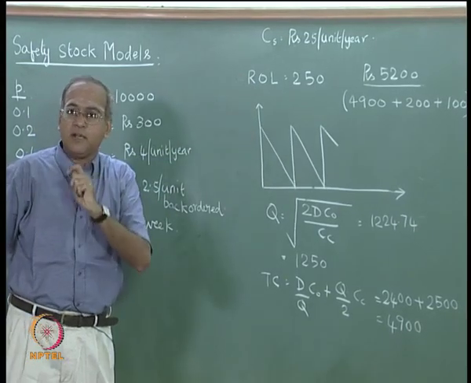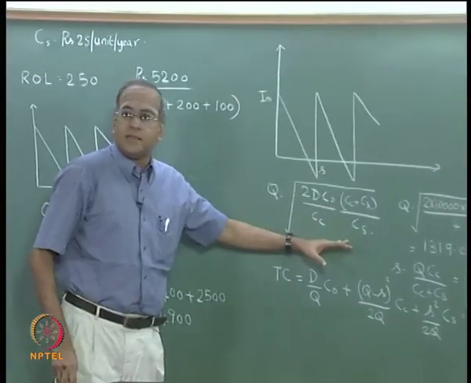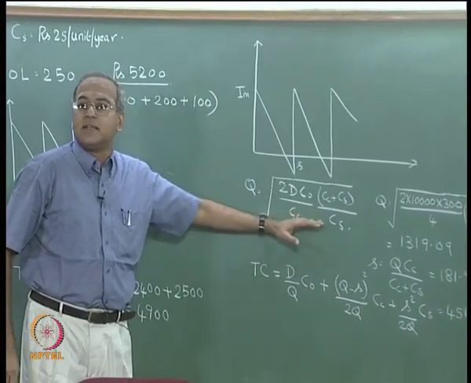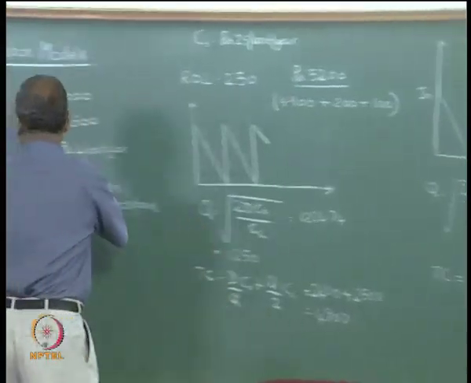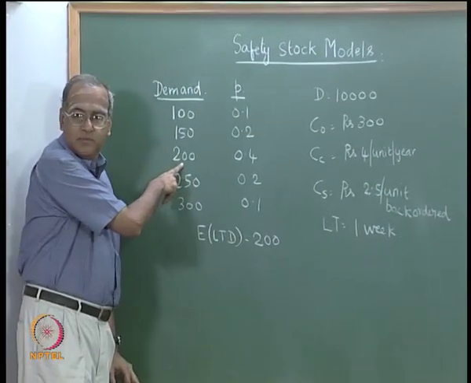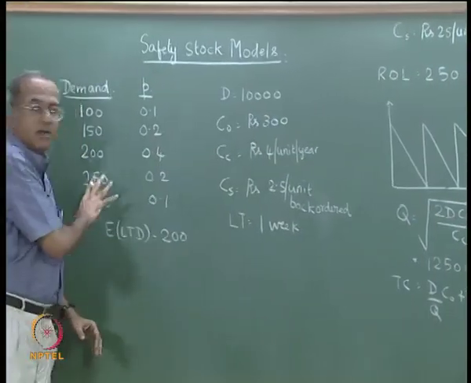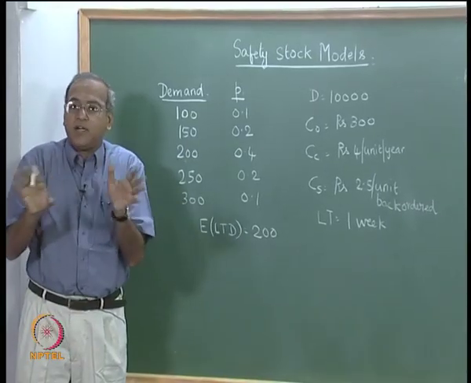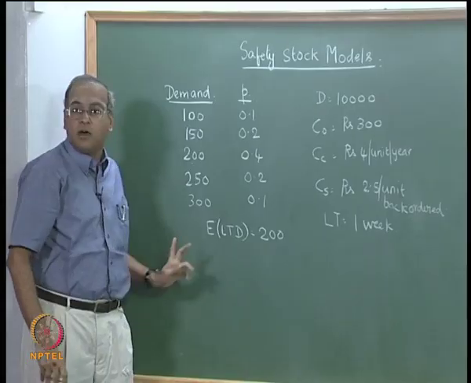But the most important thing to note is that here we do not look at case where the demand exceeds D. The equivalent of D here is 200 per week, whereas this model is centered around the possibility that D is greater than 200 and can even go up to 250 or 300.